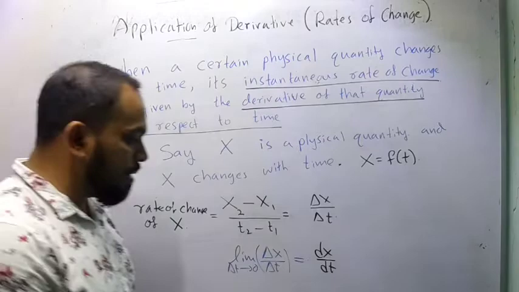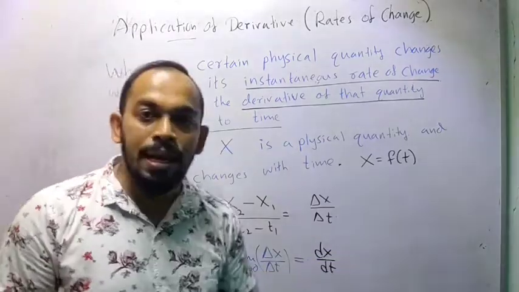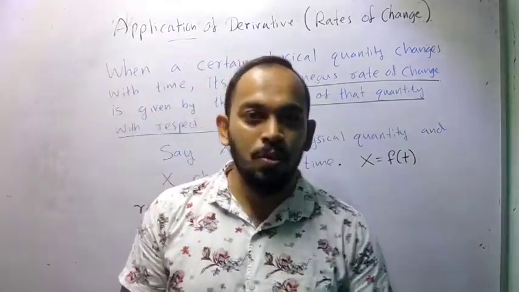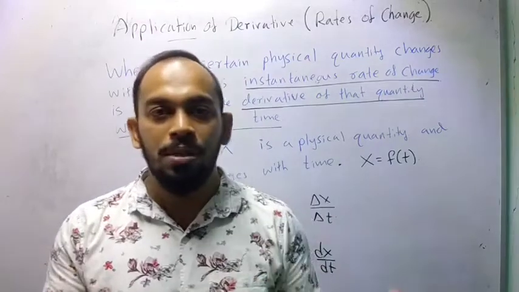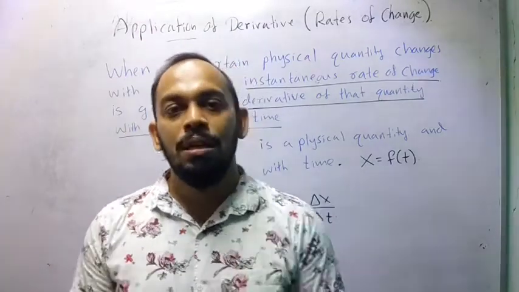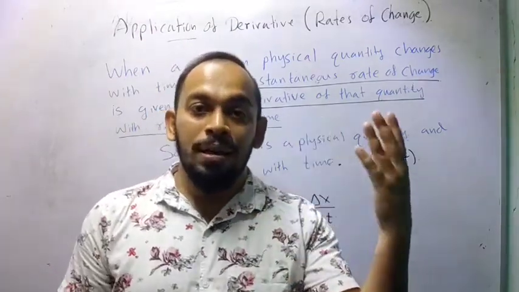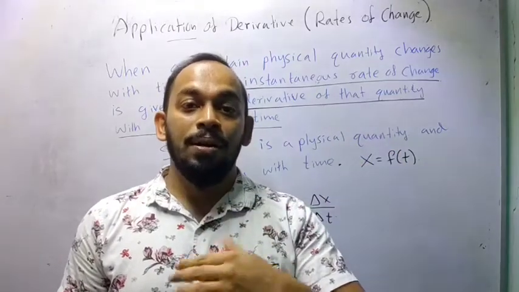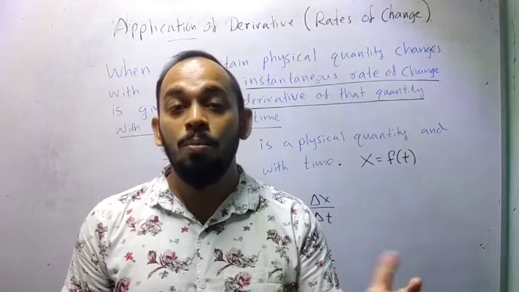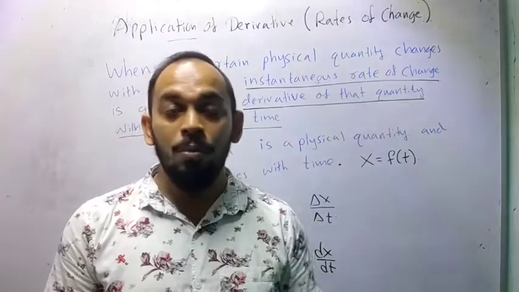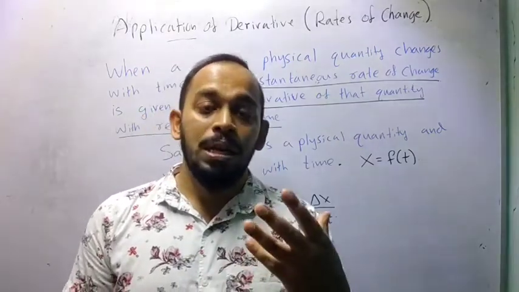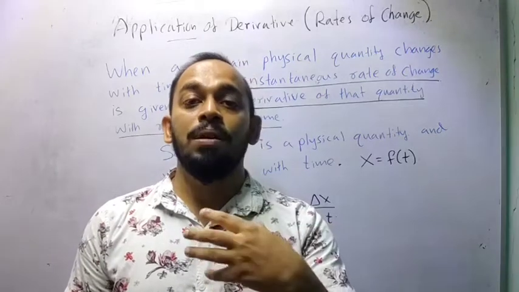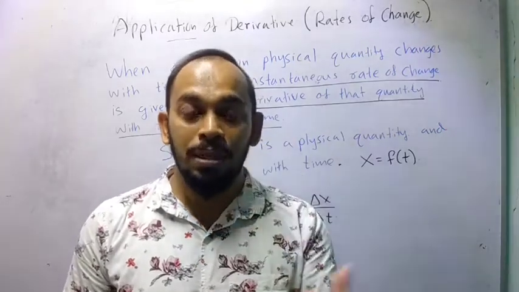So keep this in mind. X here is any physical quantity. It could be displacement, velocity, acceleration, maybe mass, or the volume of a certain liquid, or the mass of radioactive materials.